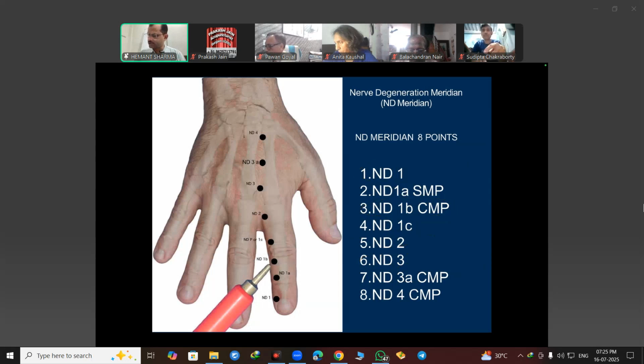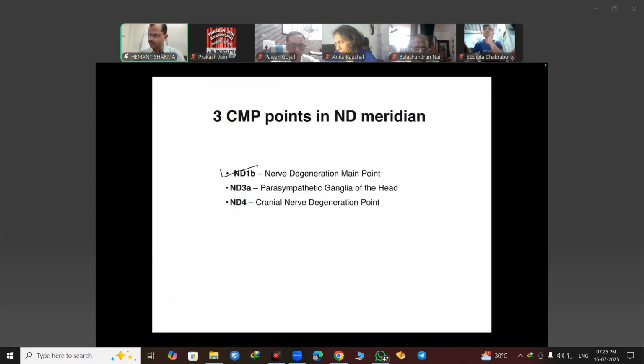Then we discussed there are 3 CMP points: ND1V, ND3A, ND4.